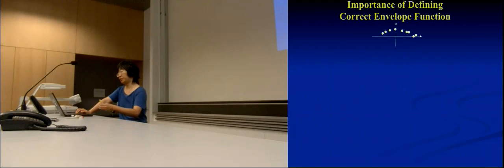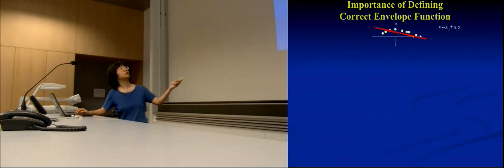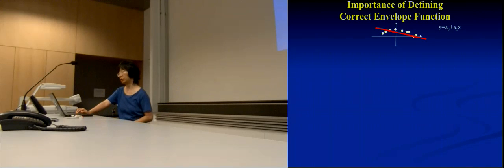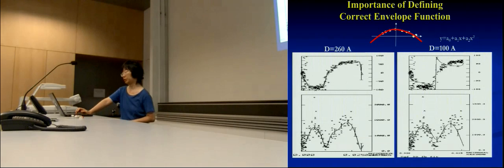Now, I can't stress enough the importance of defining the correct function. If I fit that example I had with polynomial with a straight line, it's not a good fit. I need to use the proper number of parameters in order to get a reasonable fit, a meaningful fit, I should say, for the data points.